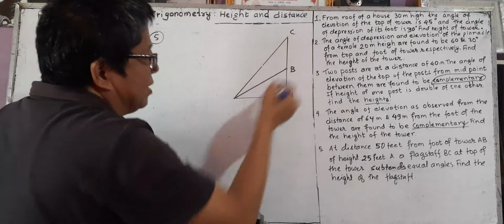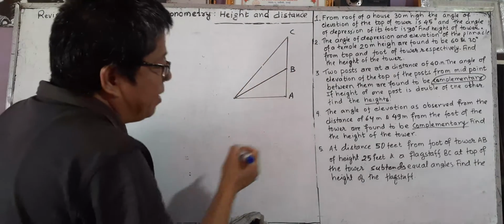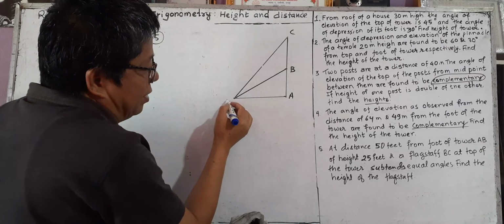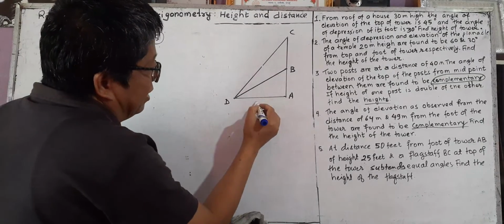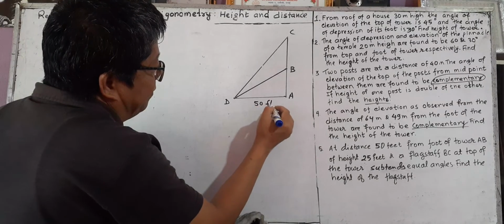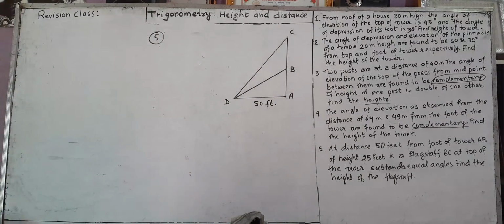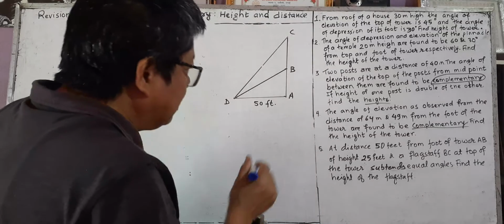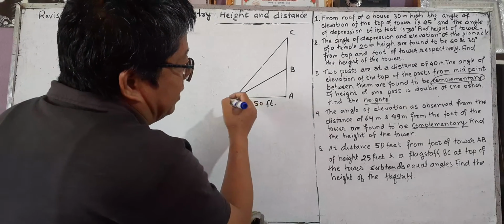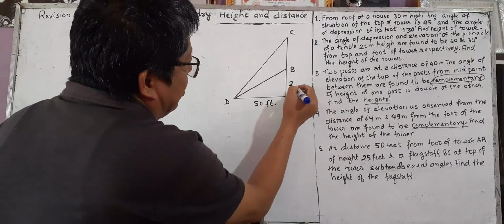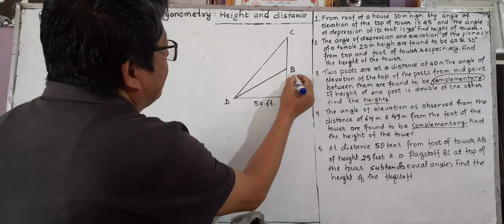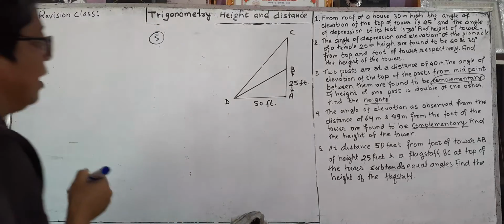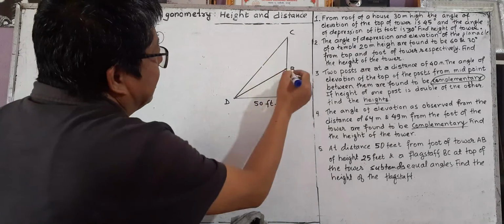This is the flagstaff, and there is a point on the ground, say it is D, at a distance of 50 feet, and the height of the tower is 25 feet, and we have to find this.